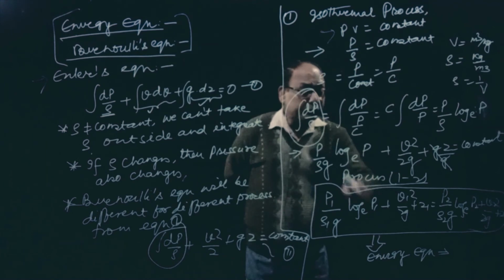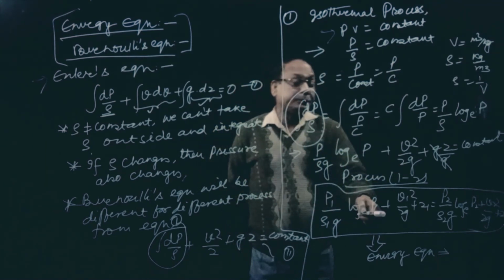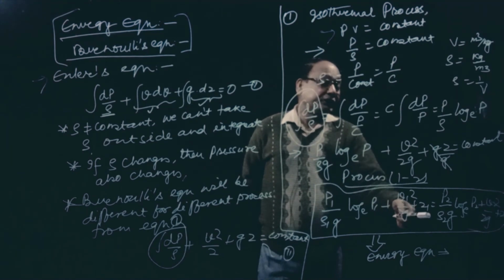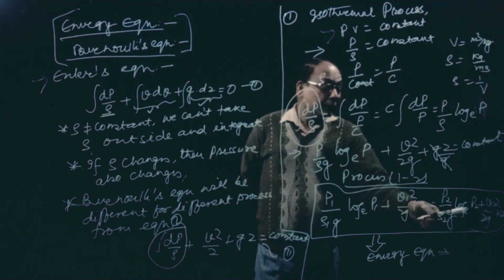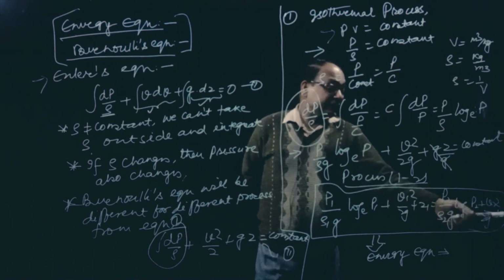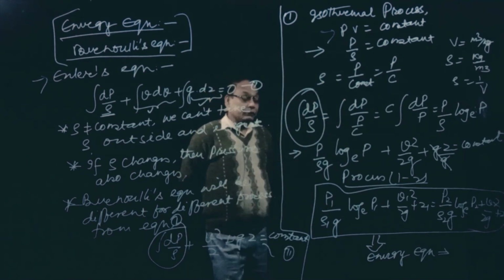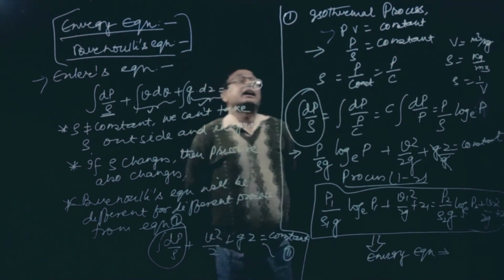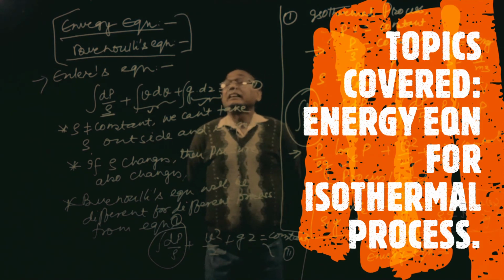This is for process 1 to 2 isothermal. So P1 by rho 1 G into log P1 plus V1 square by 2G plus Z1 is equal to P2 by rho 2 G into log P2 plus V2 square by 2G plus Z2. This is the energy equation for the isothermal process. And for the adiabatic process, I am going to derive the relation in the next class.